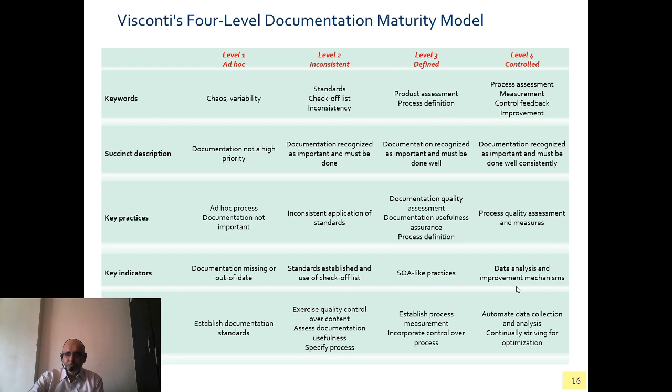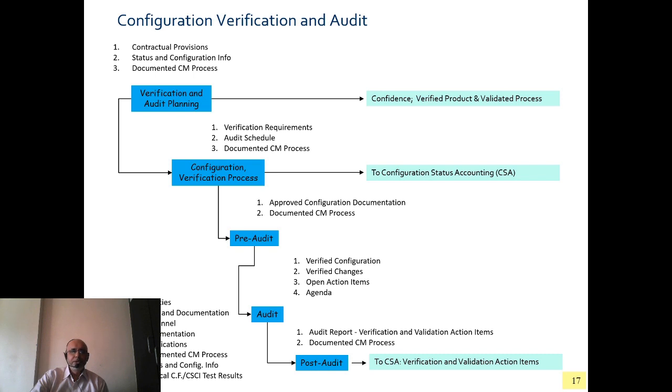Data analysis and improvement mechanisms can be suggested on missing or out of date documentation. So as we move ahead through the stages, we are finding the solutions, okay, to the problems which were unanswered or kept outside of the assessment at the moment.